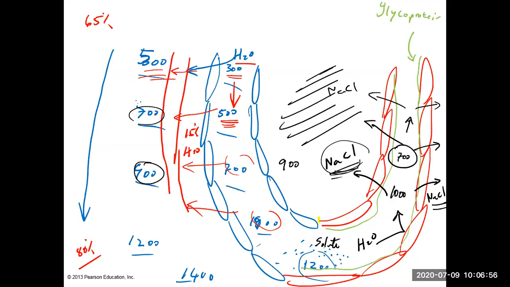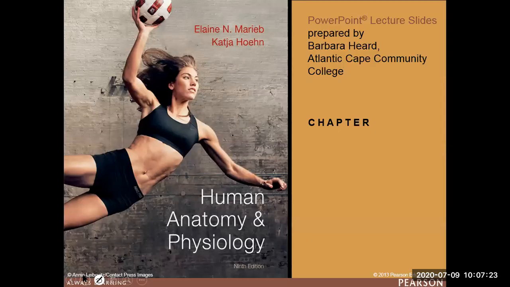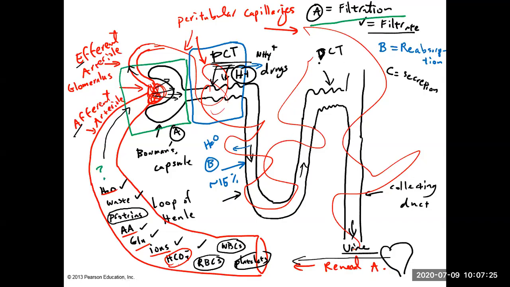So the bottom line is that in this part, reabsorption of sodium chloride is taking place. Still, none of the water gets reabsorbed here due to the glycoprotein that we discussed. We can now take a look at the last portion, the distal convoluted tubule and collecting duct, which operate via hormonal mechanisms.